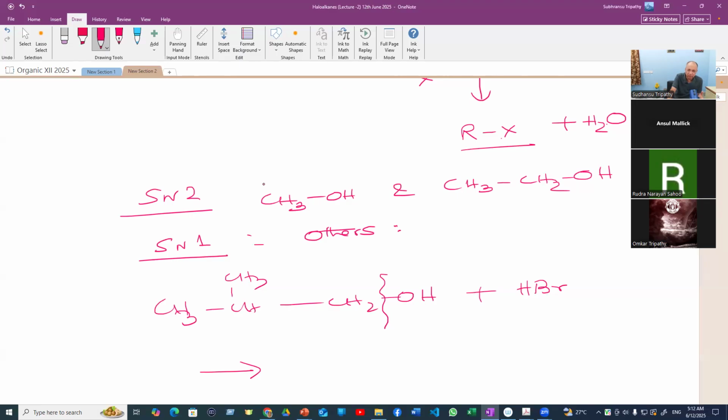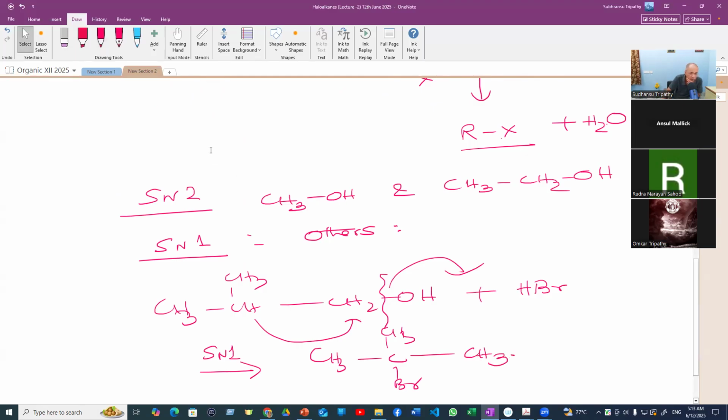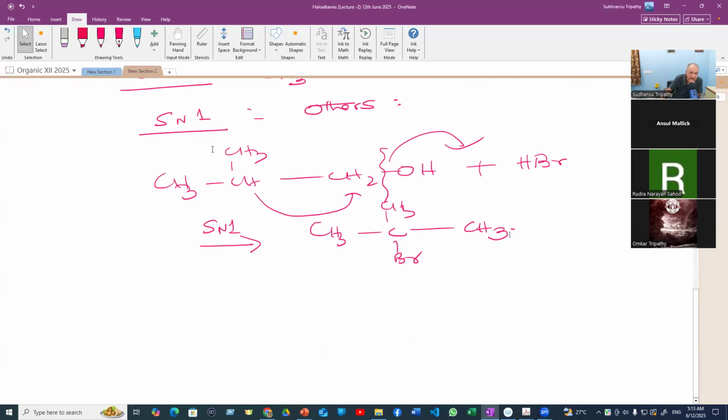But since it will be going via carbocation, we have to write SN1. So the major product will have bromide here. Just like we had seen in case of alkenes, there is a hydride shift. So instead of getting isobutyl bromide, you will get tert-butyl bromide in presence of acid.